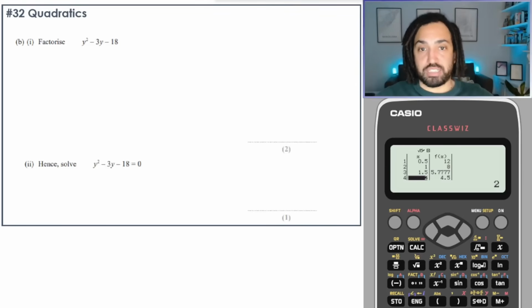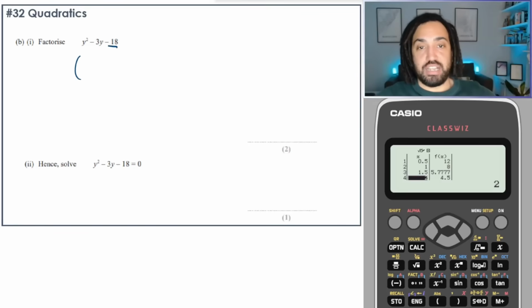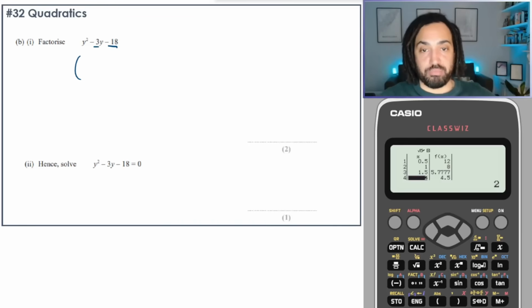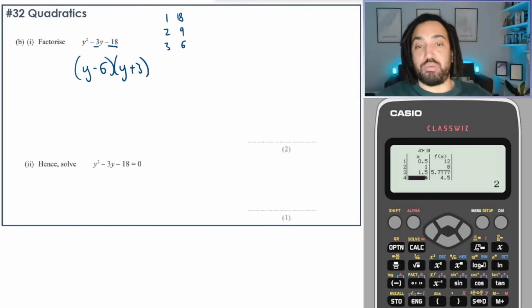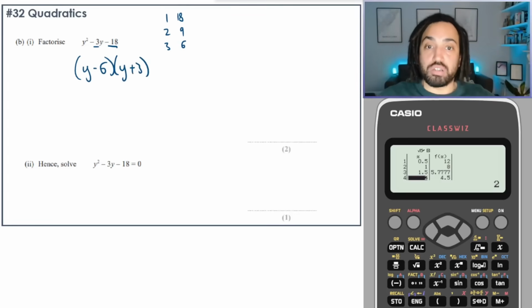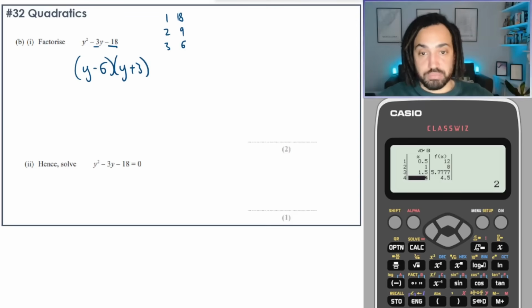Okay, quadratics. We need to factorize this. 2 numbers that times to make minus 18 and add to make minus 3. Well, if you're struggling, what you could do is write out the factors of 18, like so, and try and find a pair which has a difference of 3, and that is 3 and 6. So we're going to write y minus 6 and y plus 3, and that will give us our correct factors.